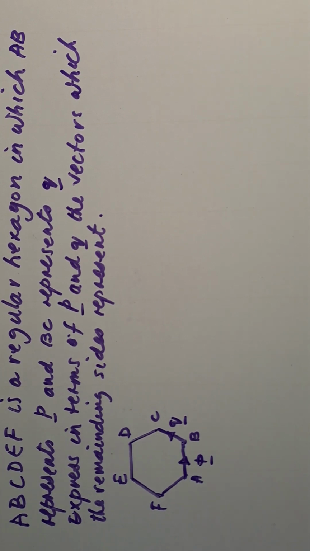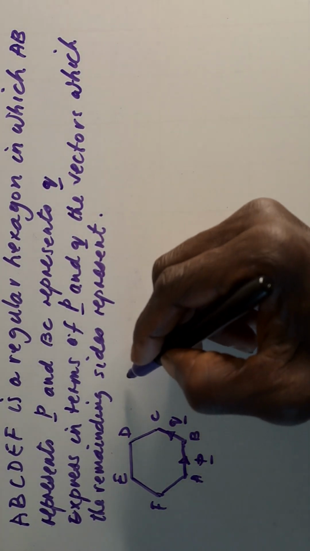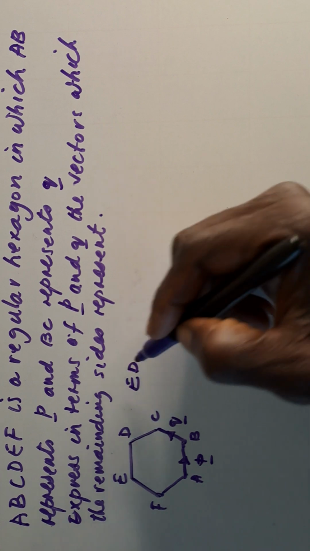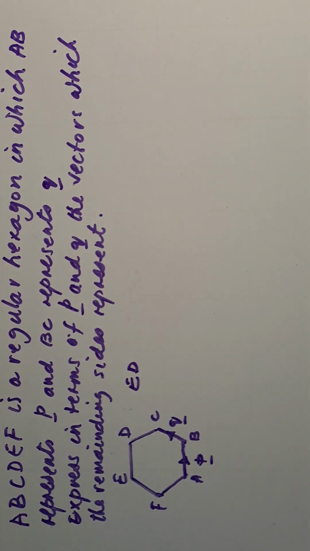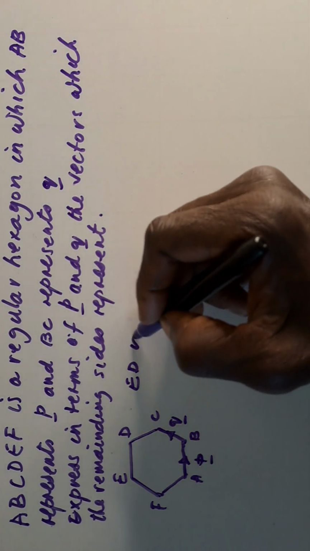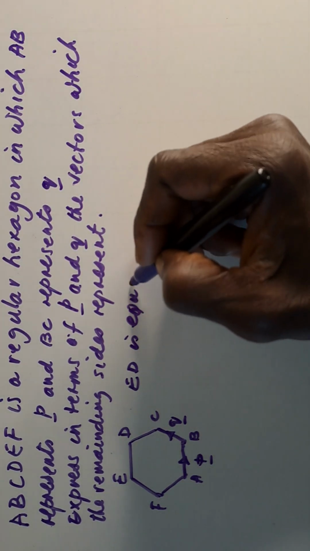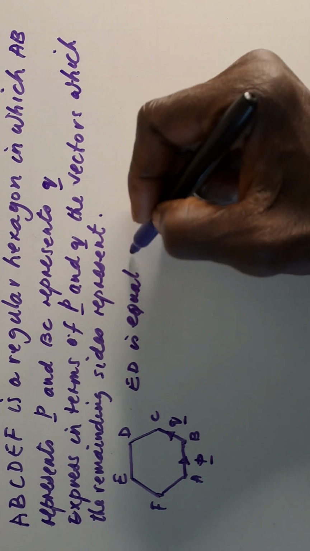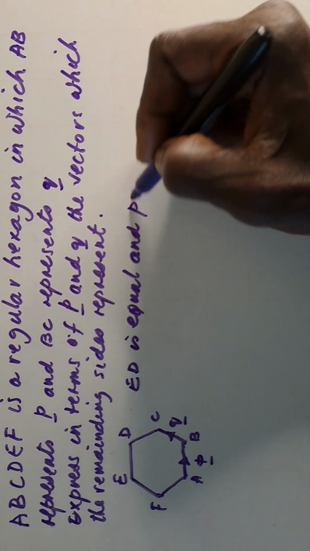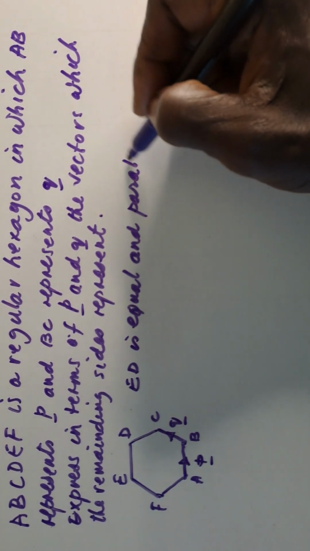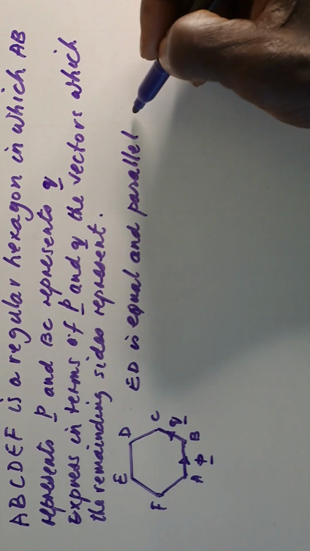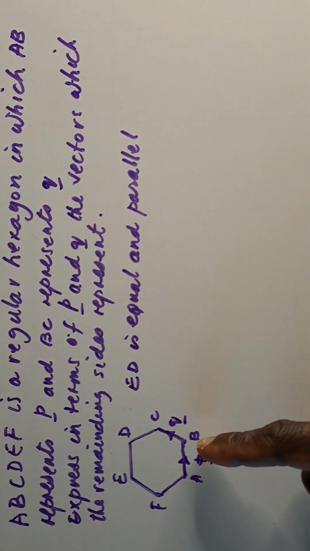Now, first we'll start with ED, and when we say ED, I'm not talking about a vector, we're just talking about the length. ED is equal and parallel to AB.